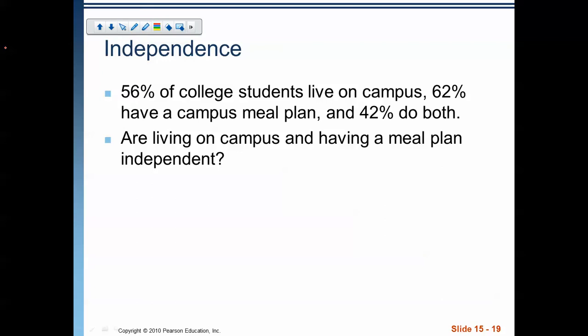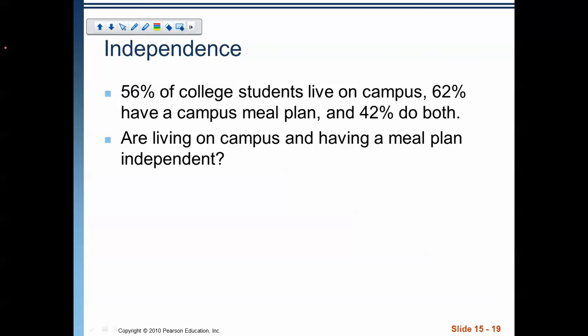Or vice versa, if I know that somebody has a meal plan, does that change the probability of them living on campus? If those two probabilities are the same, then there's independence and one does not influence the other. If they're not the same, there is not independence, and knowing information about whether they live on campus will change whether or not we think they have a meal plan.